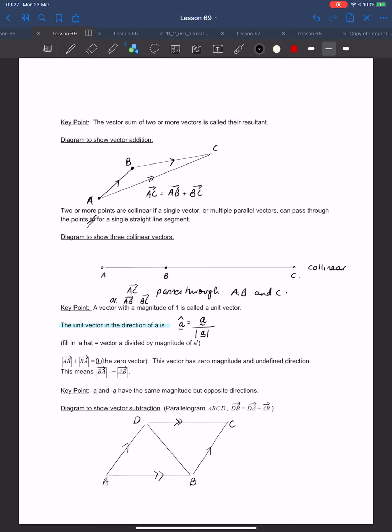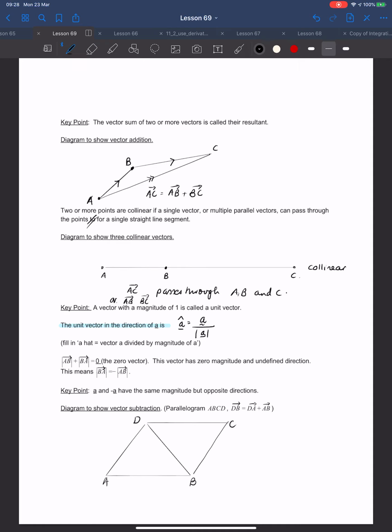I'm just going to rub these out here because I'm going to use the resultant idea in a minute. We know that they're parallel because it's a parallelogram. Okay, right. So they call this Q in the book.